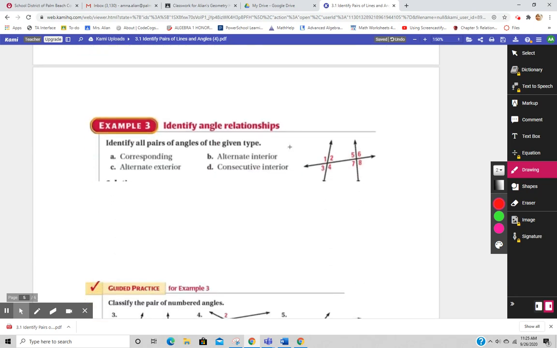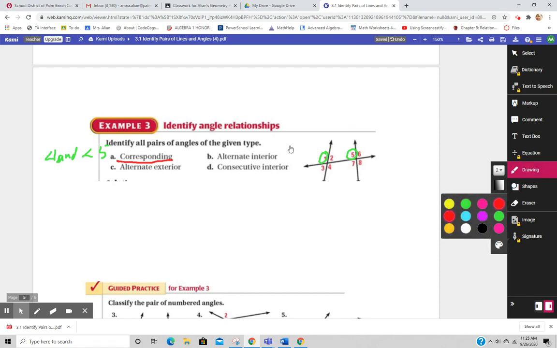Let's see if you can identify and name these special angle pairs. Corresponding: angle 1 and angle 5 are corresponding.